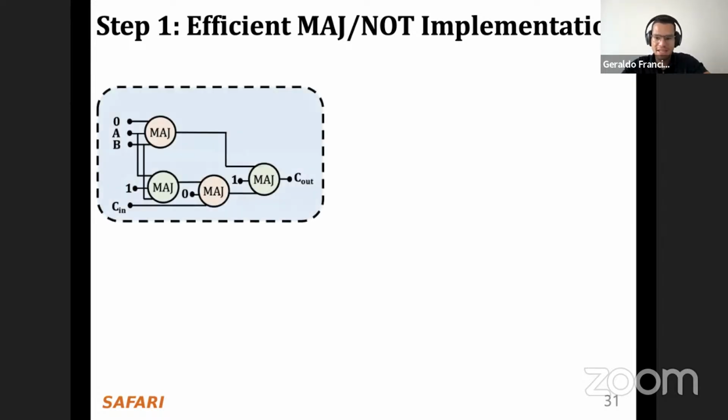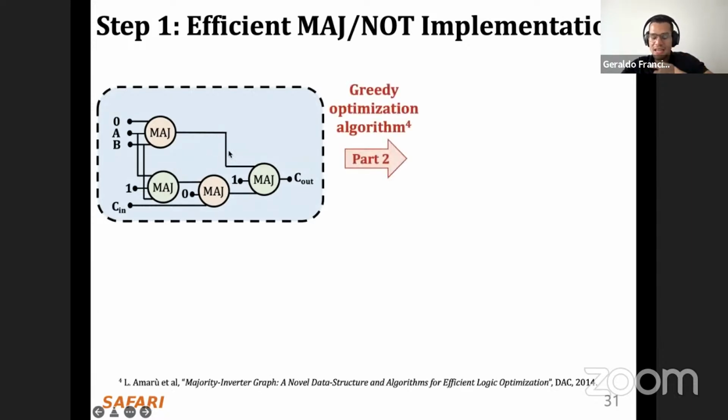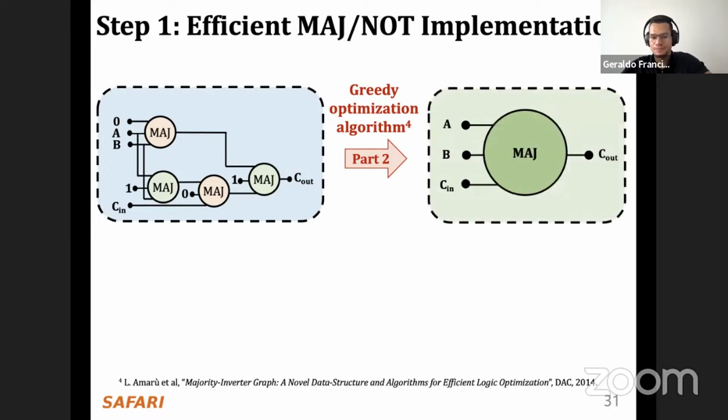So for this input, as I said, we are going to first generate that naive transformation of taking the AND and OR gates and replacing each gate with a majority gate with zeros or ones accordingly, and we call this the naive graph. Then we are going to leverage some graph optimization work provided by prior works in order to optimize this circuitry and reduce the number of majority gates.